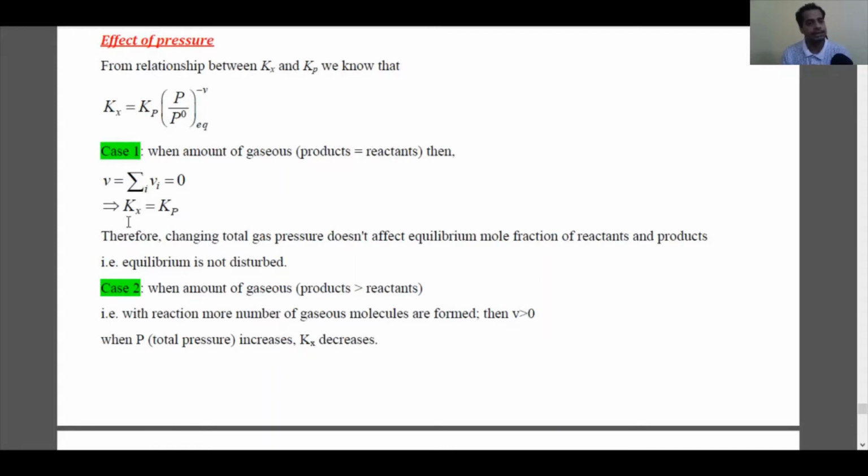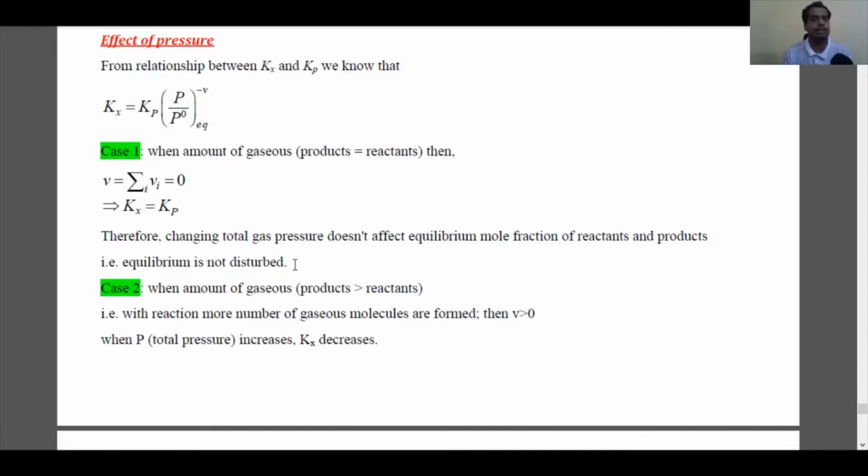What is Kx? Kx is the equilibrium constant in terms of mole fraction of the gases, and Kp is the equilibrium constant in terms of partial pressure of the gases. Therefore, if I change the gas pressure, either increase or decrease it, it does not affect the equilibrium mole fractions of reactants and products.